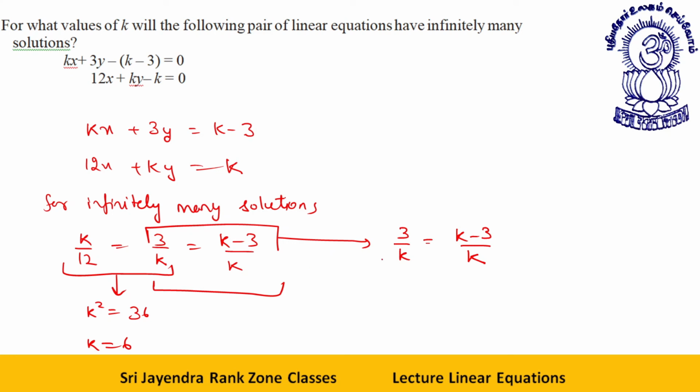Cross multiply: 3k is equal to k square minus 3k, or 6k is equal to k square. Therefore, k is equal to 6 or k is equal to 0, but k is equal to 0 is not satisfied. Fine. So we have k is equal to 6 and this is your answer.